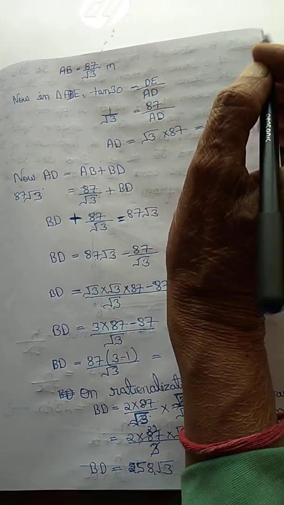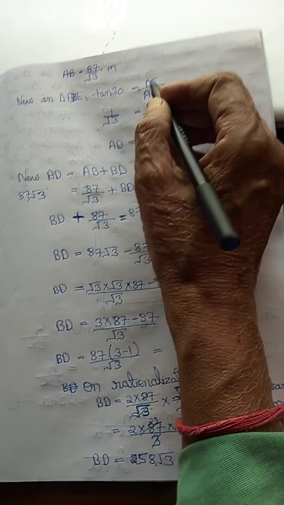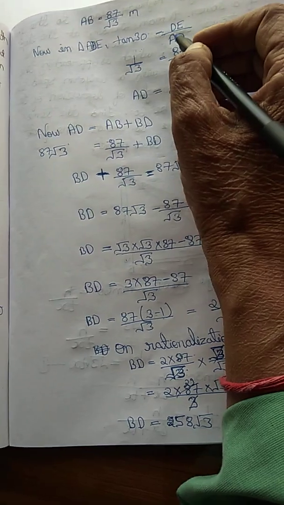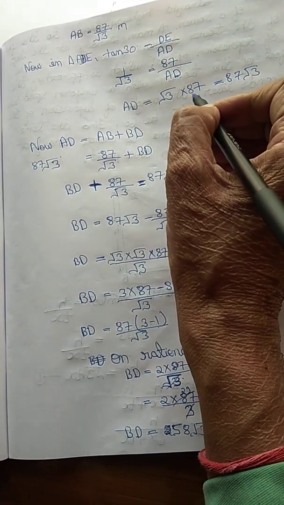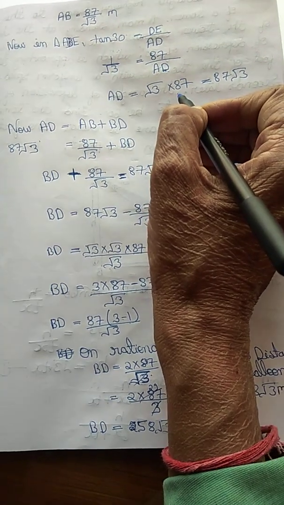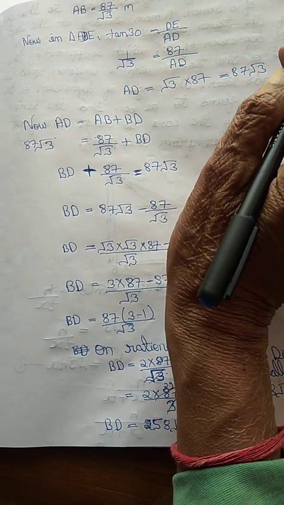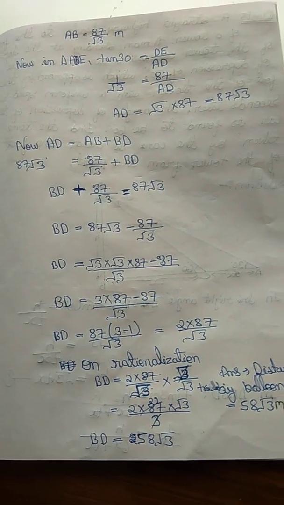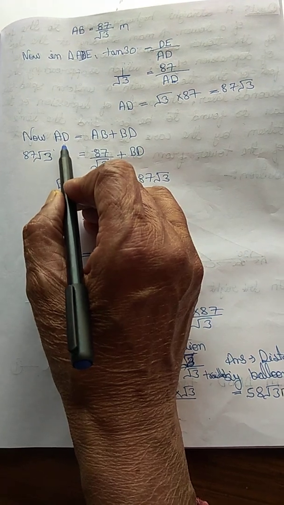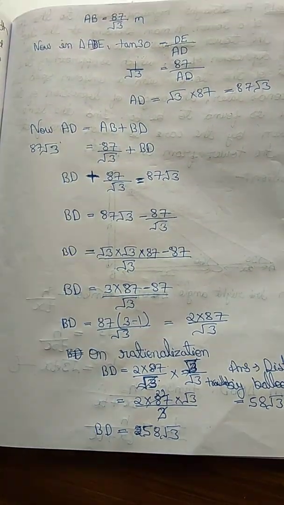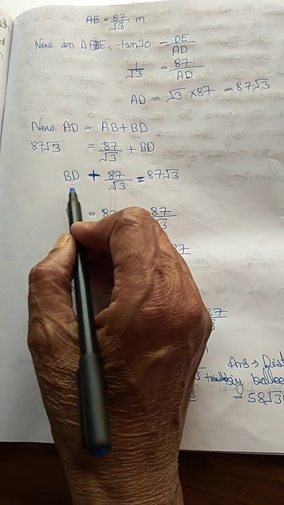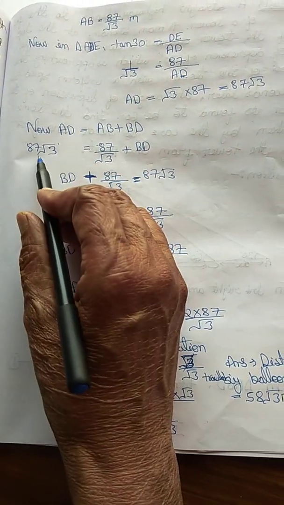Tan 30 is 1 upon root 3, and DE is 87, which we have worked out here, upon AD. So AD is equal to root 3 into 87. This is the AD. Now the distance travelled by the balloon is BD. So we can find AD minus AB. So AD is AB plus BD.